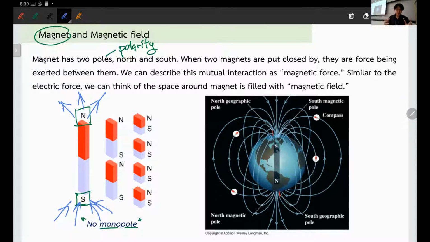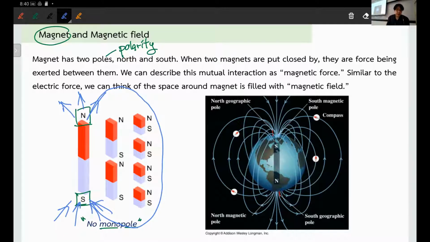However, because north and south are always together, these lines that come out from the north eventually will have to find their way back to the south. You guys with me? All right, this is very close to when you had a condition of positive and negative charge next to each other. The electric field will look like a loop.